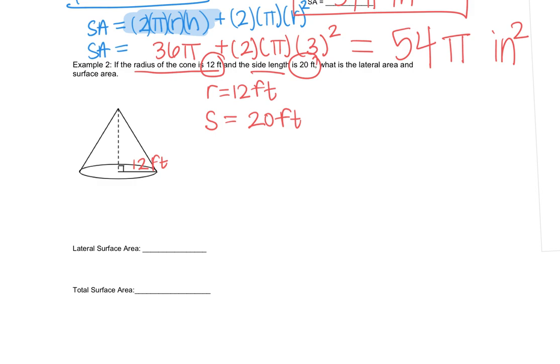My side length is 20. All right, my formula for lateral area, it's pi multiplied by R multiplied by S.